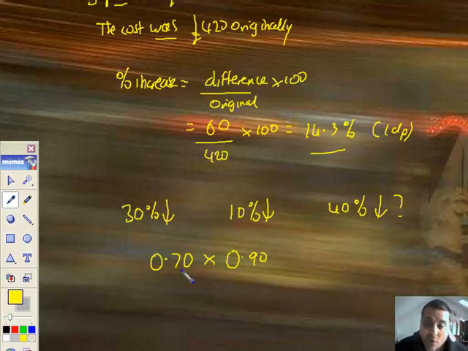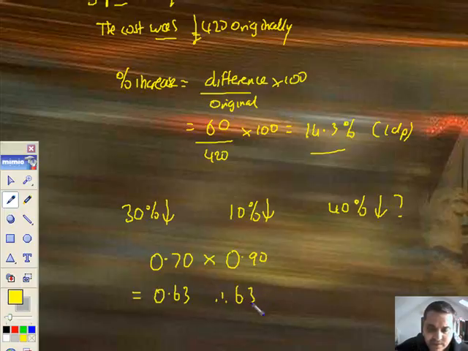So 9 sevens are 63, so 0.7 times 0.9 is 0.63. Therefore 63% of the original.